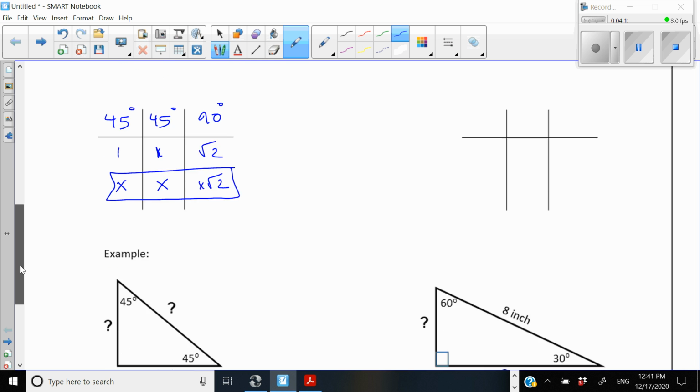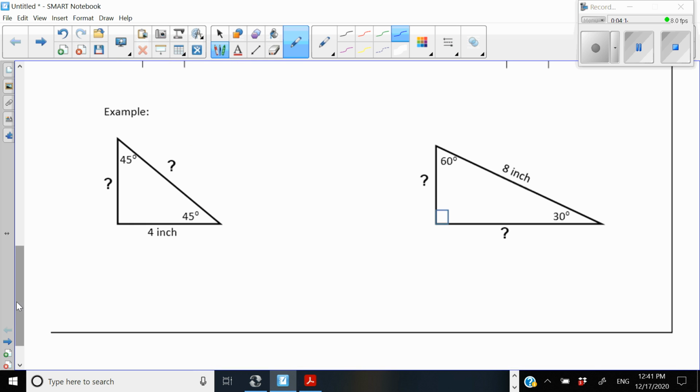Let's try that here. Okay, so in this triangle, I have one of the legs equal to 4 inches. So I'm going to make my table here, 45, 45, and 90 degrees. I know that the ratio between the sides in a 45, 45, 90 triangle is always like this, x, x, and x radical 2.